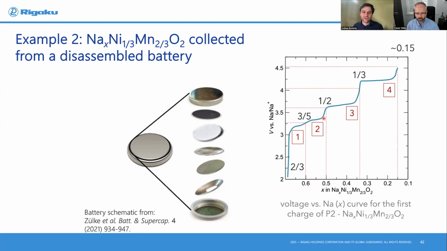And so clearly there's some phase transitions that are happening, and we'd like to know the structures that happen as we charge. In practice, this is done in the lab with cells that look like this, coin cells or pouch cells.